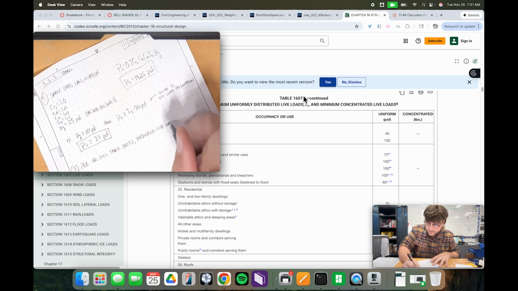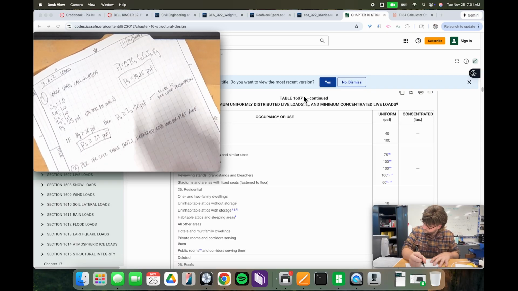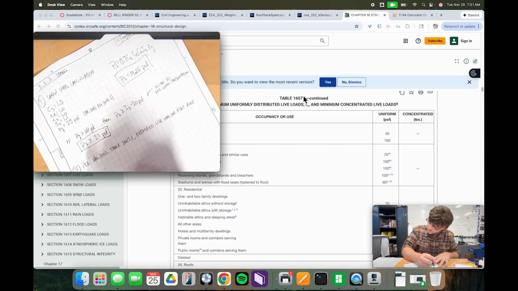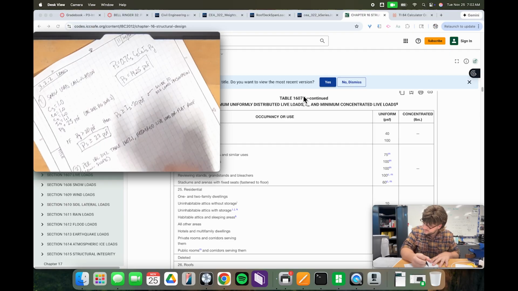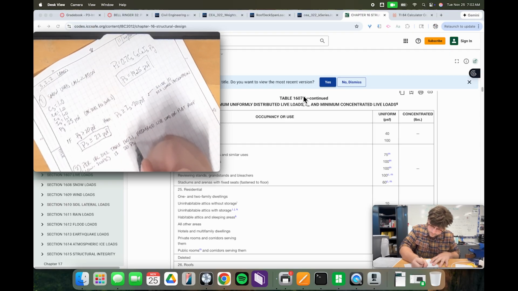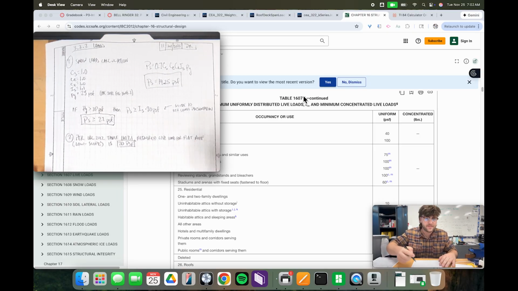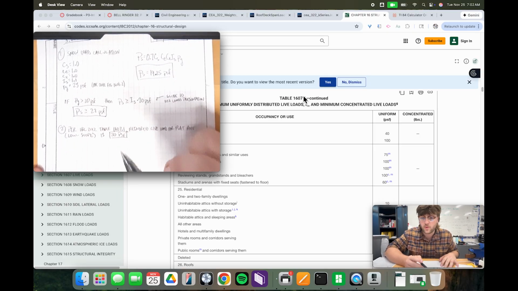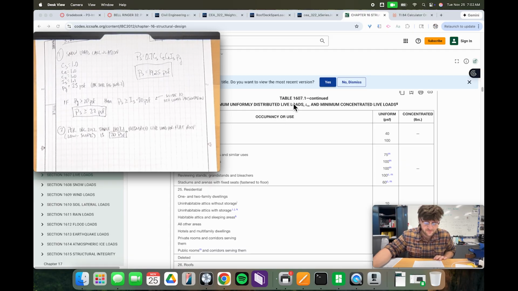We'll put that for flat roofs. And then that's low slope. You want to keep that in mind too, because it's not actually flat, is 20 PSF. And then I'll box that answer there. So that's what we just end up finding there, 20 PSF per table 1607.1 in the IBC.